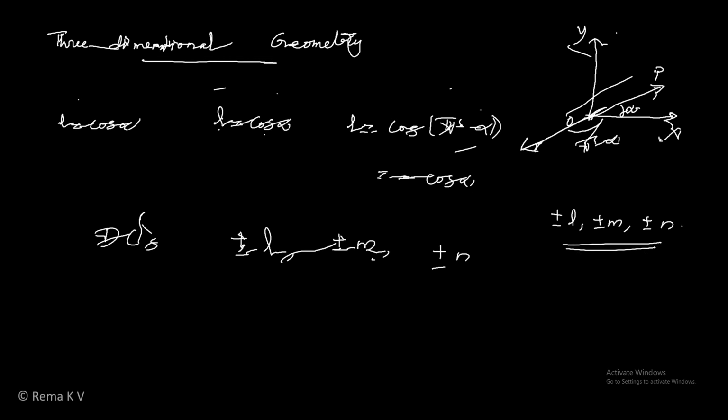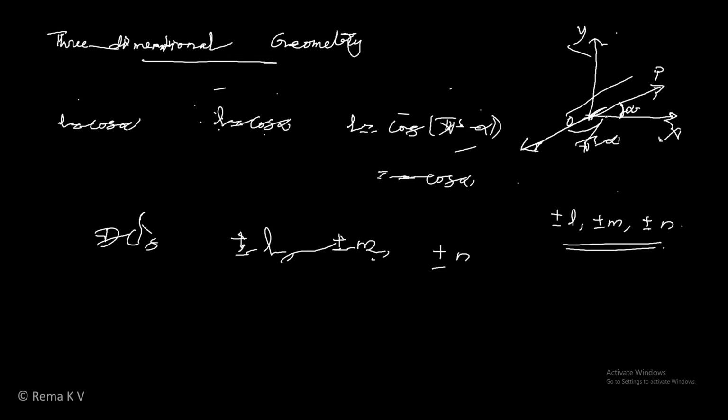This is the difference in direction cosines which we had learned in vector algebra, and the direction cosines now we have to learn. See, in vector algebra we had learned to write the direction cosines of a vector. Vector means only one direction here, but here we are considering a line in a space. So when you are considering a line, it makes an angle alpha with the positive direction of x-axis.